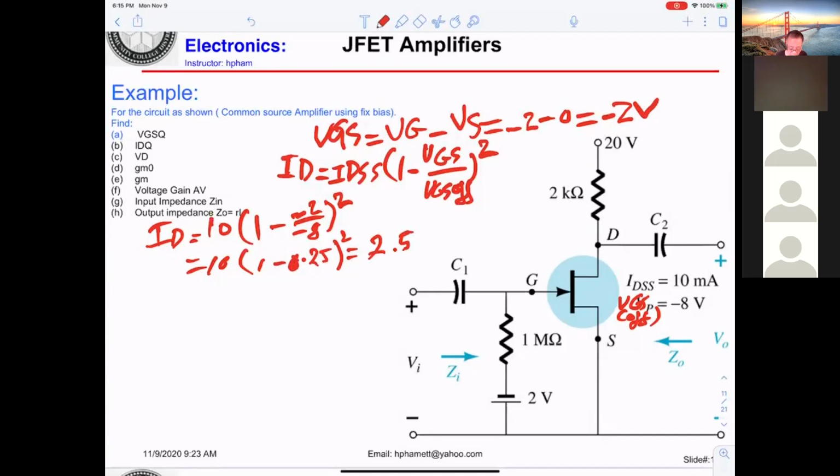I can't even have 5.625. Let me try again. 1 minus 0.25, squared. Okay, 0.56.